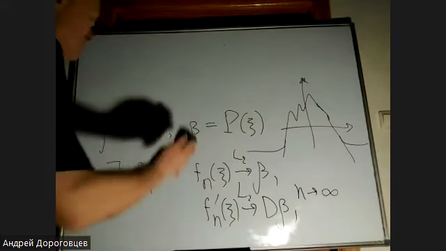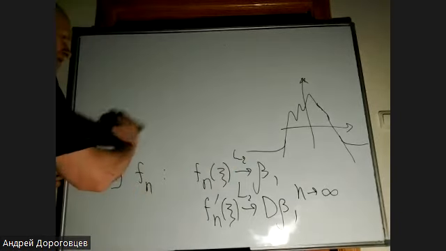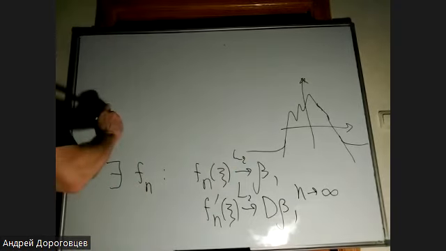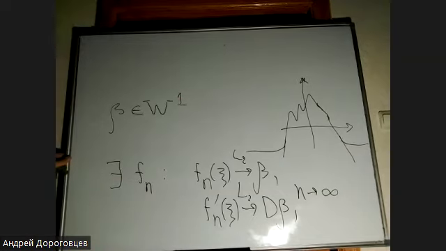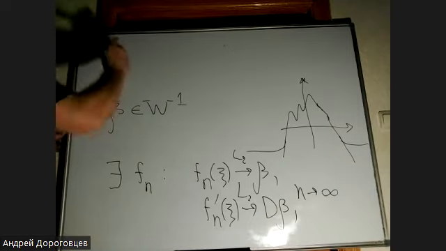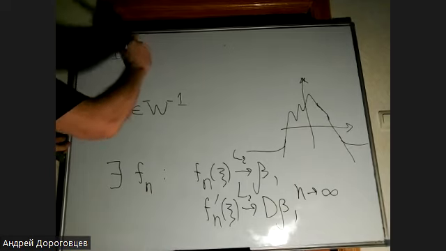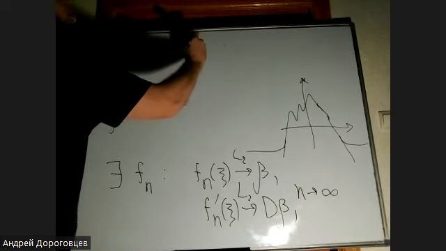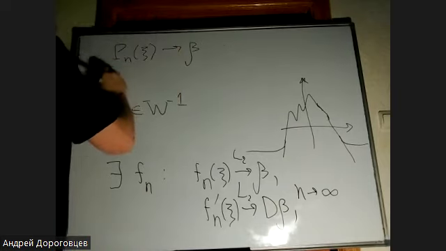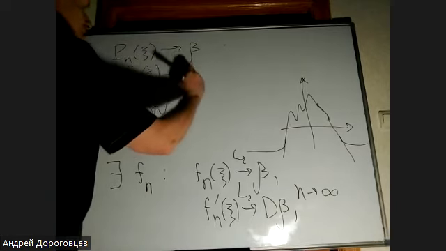And finally, it means that I can do the same for arbitrary beta which belongs to W1. Why is it so? Because I can take the sequence P_n of psi such that it will converge to beta, and dP_n of psi will converge to d beta.